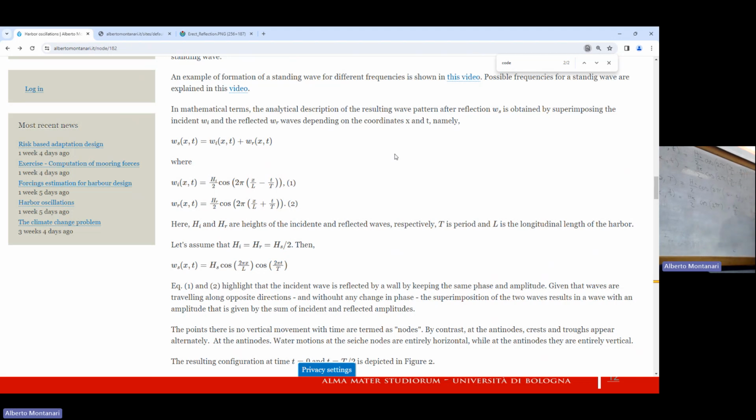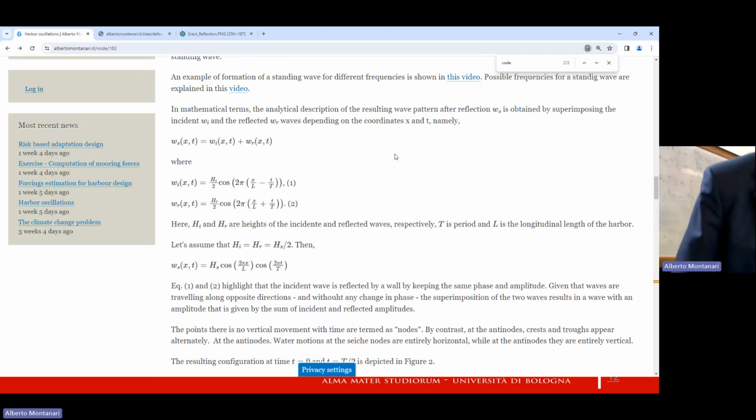Here we have to put a t star, and the t star is equal to t plus half of the period. So basically, we need to make a substitution here. And with t star, if we shift the reflected wave by half the period, we get the correct result, which I think is what is done in the R code.